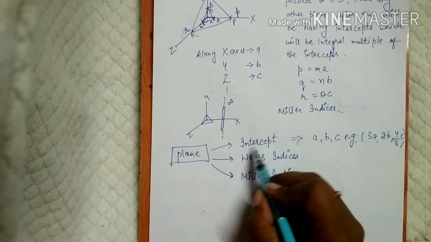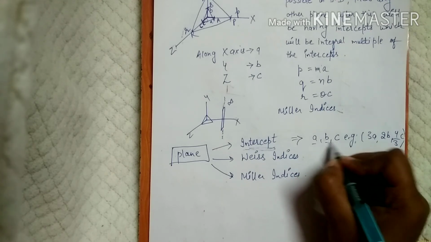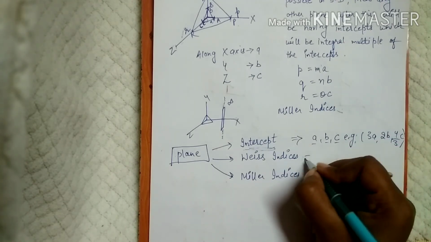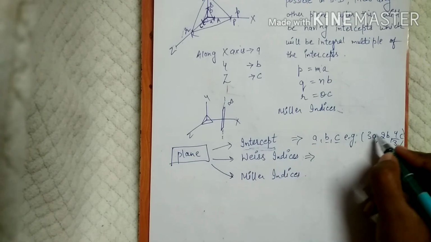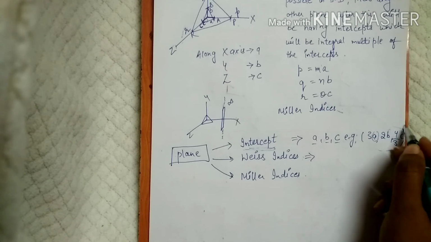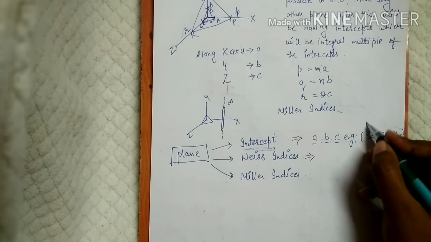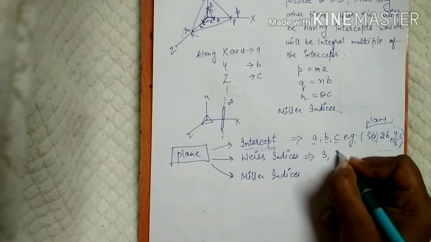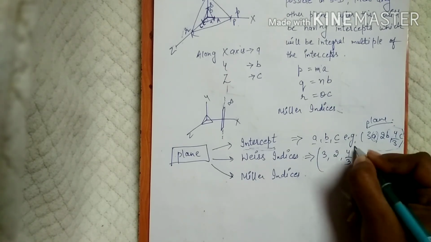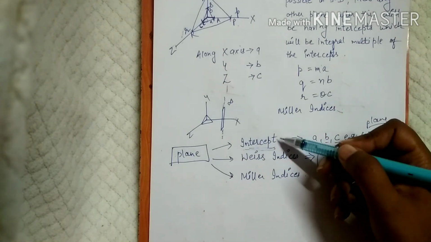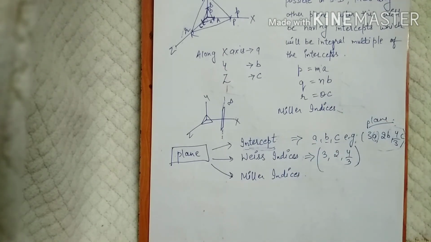So intercepts are always given with respect to A, B, and C. Weiss indices are nothing but the intercepts where we ignore A, B, and C. So for this intercept of any plane, we'll have Weiss indices as 3, 2, and 4 by 3. We just have to ignore A, B, and C. So intercepts and Weiss indices are almost the same.